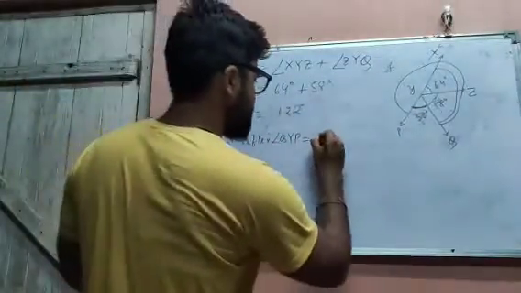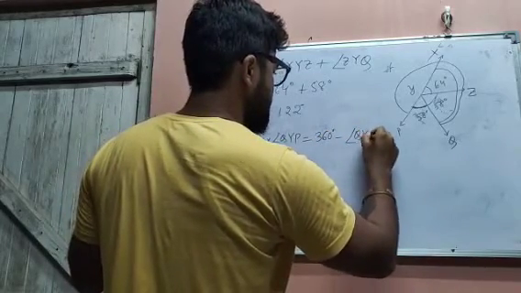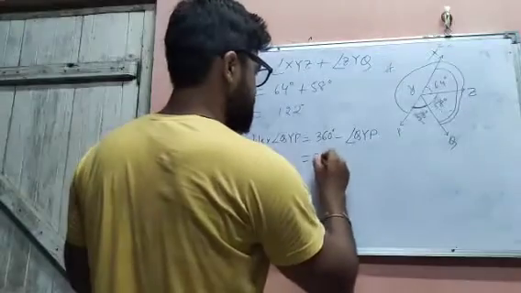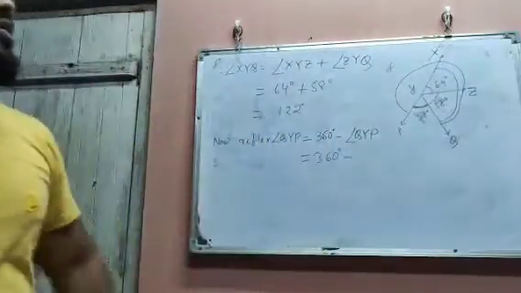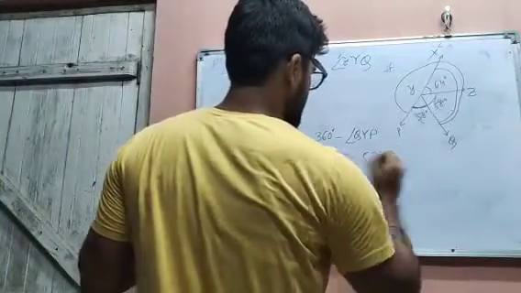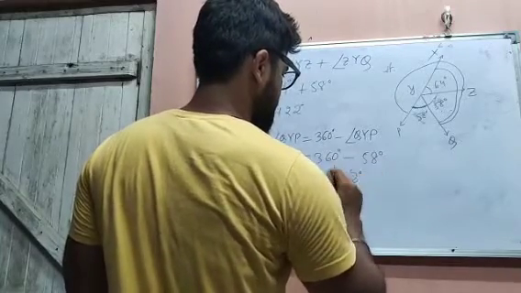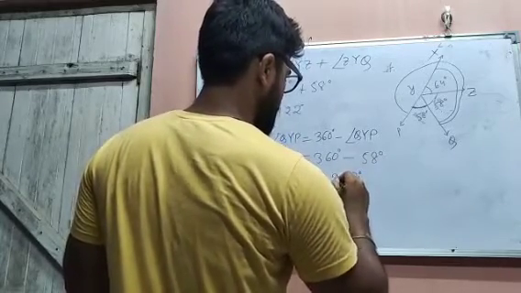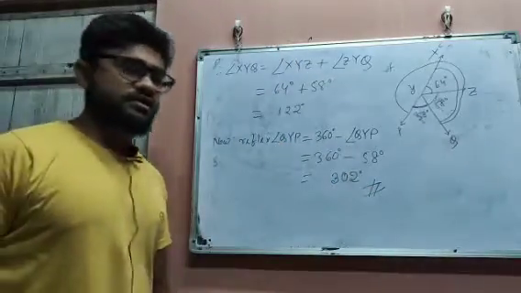So 360 degree minus angle QYP, and QYP value we have got is 58 degree. So 360 minus 58 is 302 degree, which is our required answer. Okay.